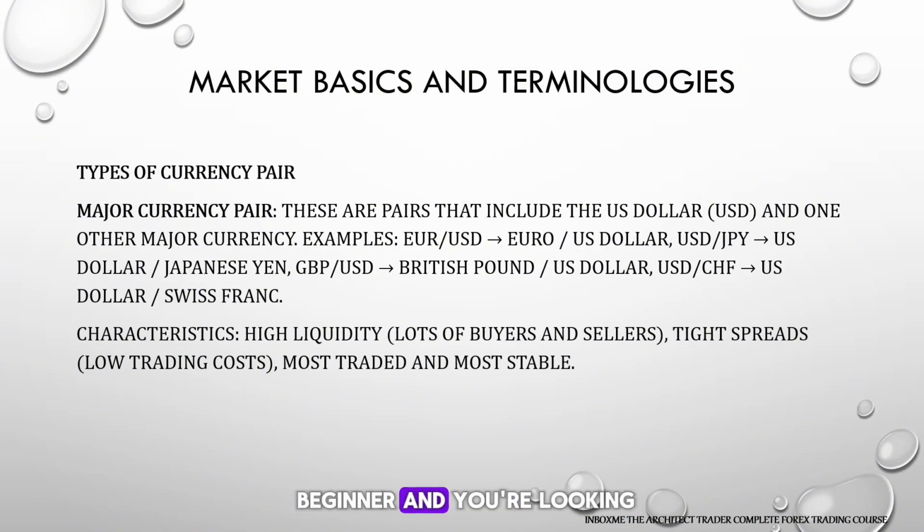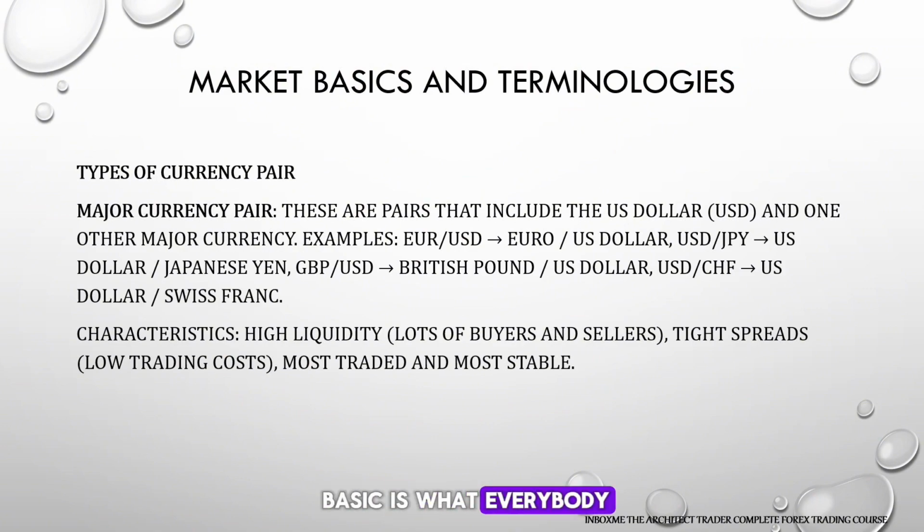So if you're a beginner and you are looking for a currency pair to start trading, I would advise you to always look for a currency pair under the major currency pairs. You might get a little bit twitchy if you choose USD JPY. The Japanese pairs are a little bit different to calculate than the others. So just not to get you confused, if you're a beginner and you want to start off trading, I advise you to pick something like Euro USD or GBP USD.